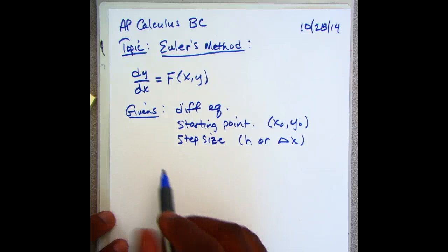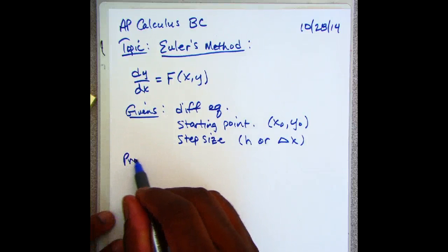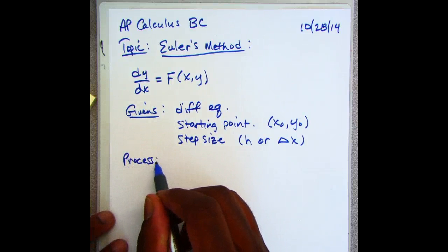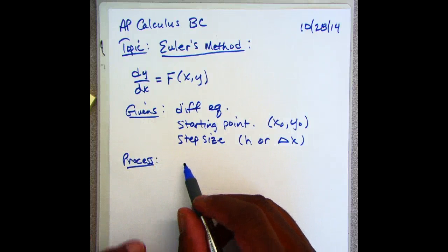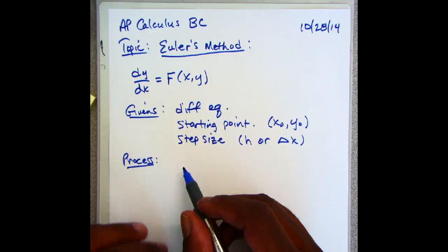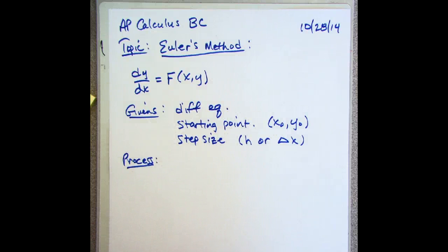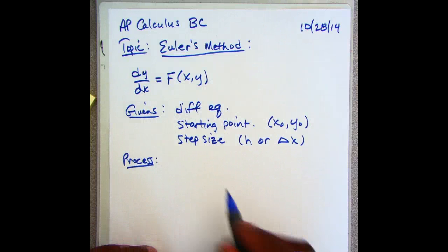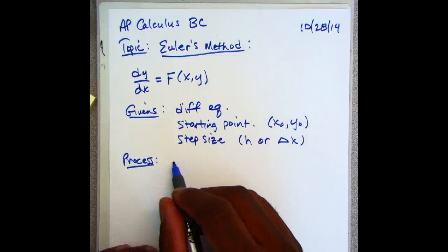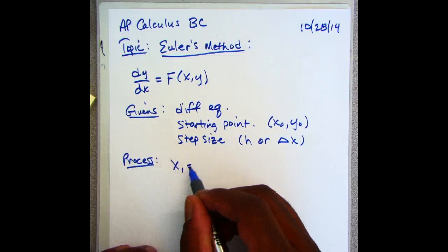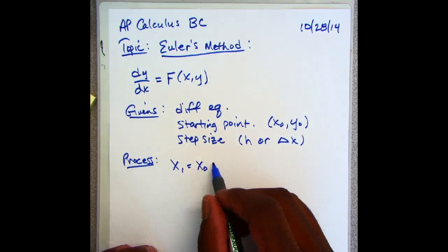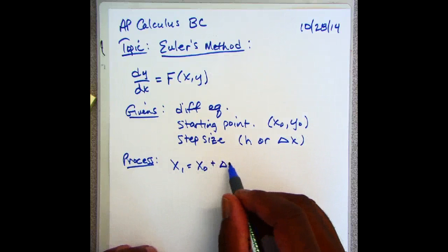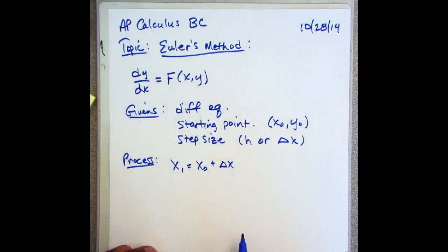So here's our process. We start off with using our step size to generate more values of x and y. So x1 would equal our initial value of x plus our step size, delta x.